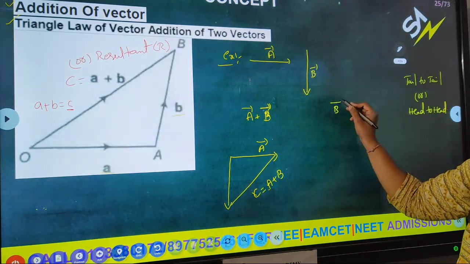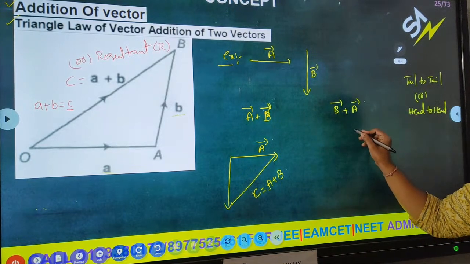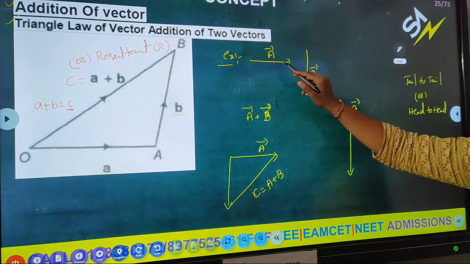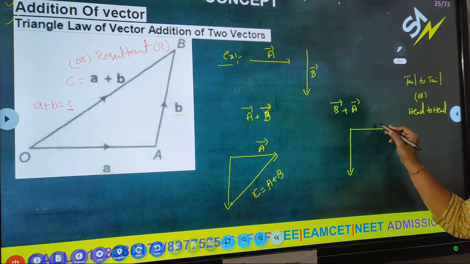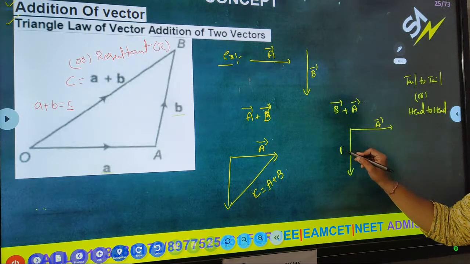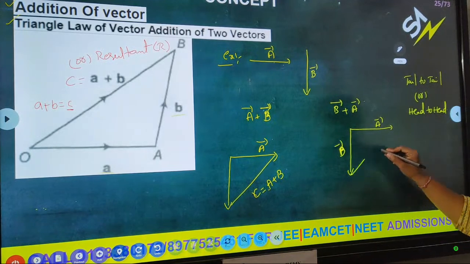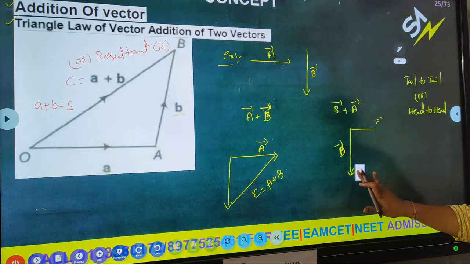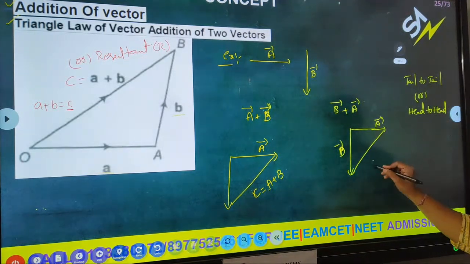Or if you are adding B bar plus A bar, B bar initial direction is vertically down, and this vector, without changing its direction, you can connect this way by using the tail to tail method. This is B bar and this will be the addition.